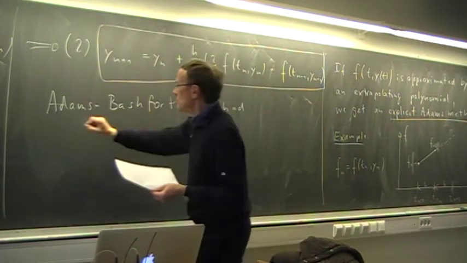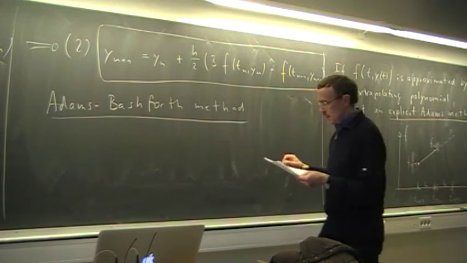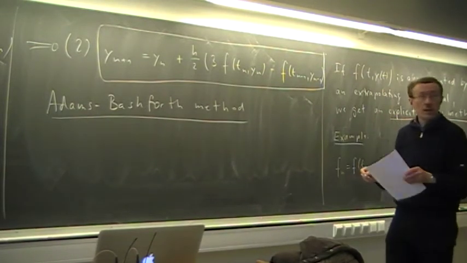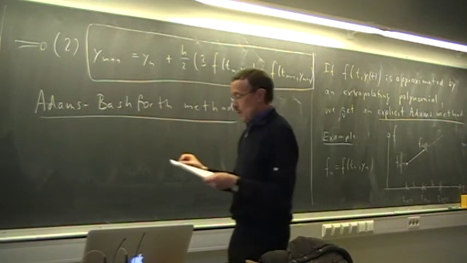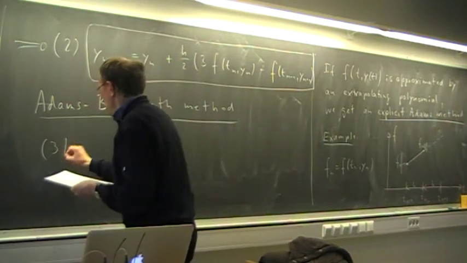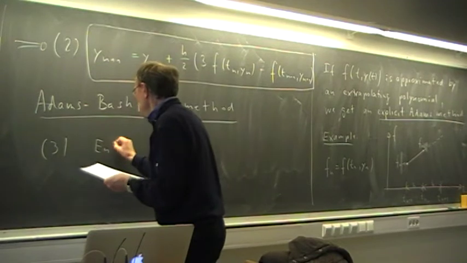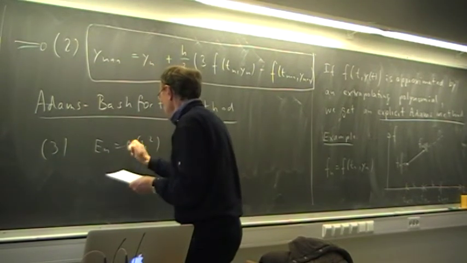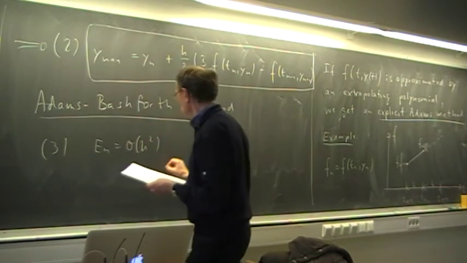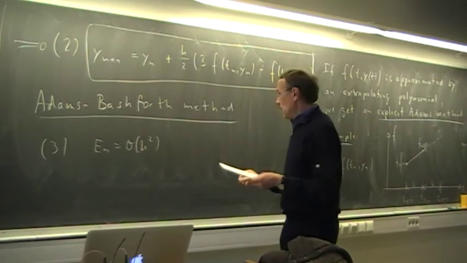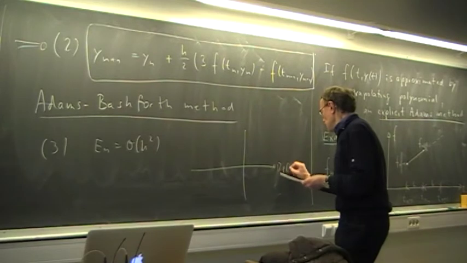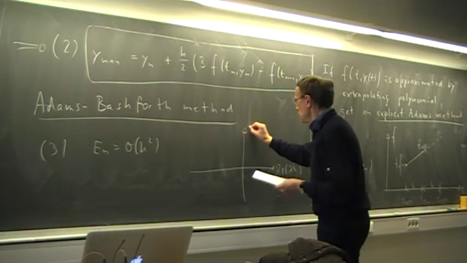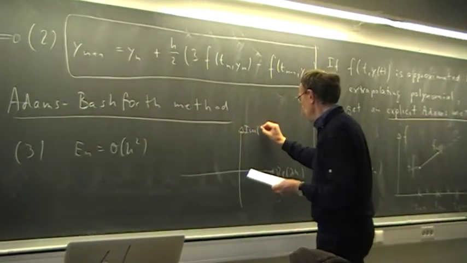People have been using it quite a lot for incompressible Navier-Stokes equations. Just briefly, the error En is of order h squared, so that means it's a second order method. And the stability domain is again a little bit difficult because it's a two-step method.